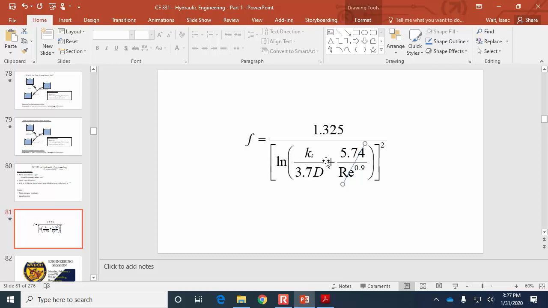So there are these two factors that determine the friction factor. There's the first term, which is the relative roughness, and the second term is related to the flow velocity.